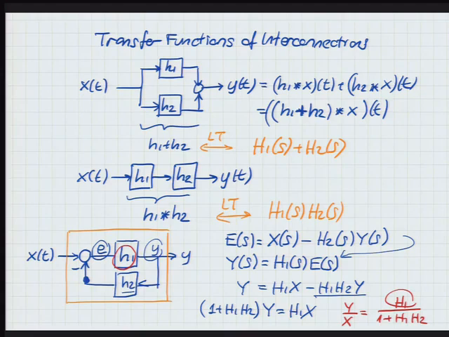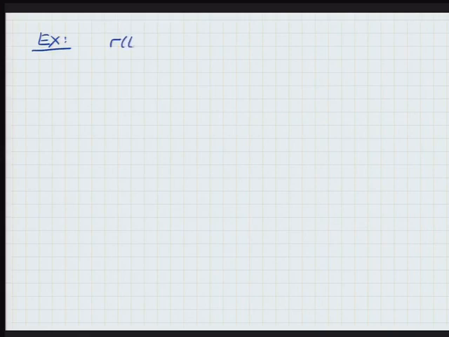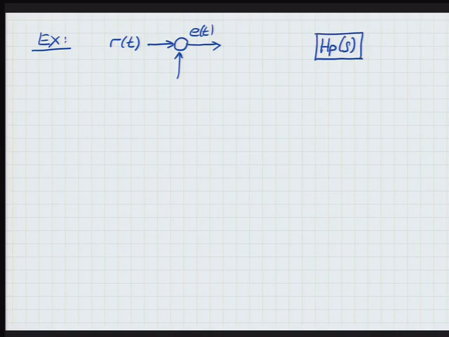Like I said, the most common application of this is in designing feedback controllers. So I'm going to go through that as a simple example. So when we do feedback, typical configuration is a reference signal coming in. And then an error signal generated by, so HP will be the transfer function of the system that we actually want to control.